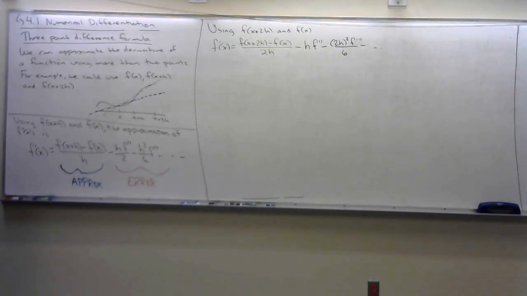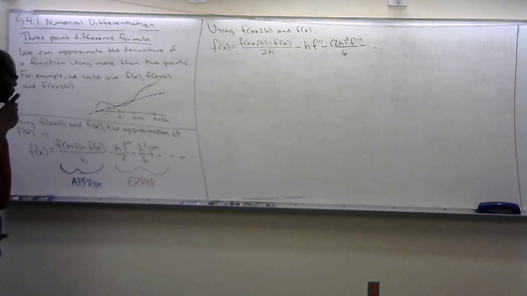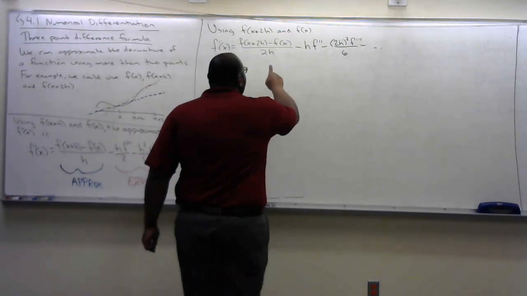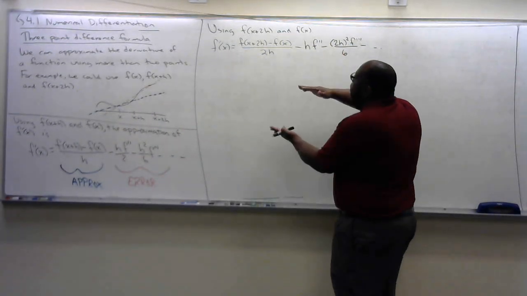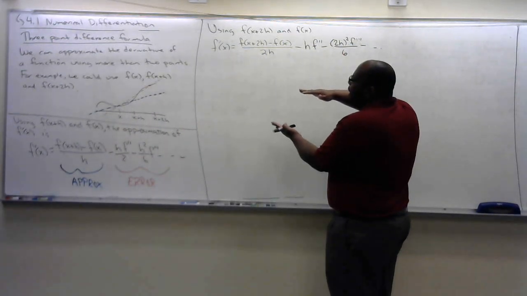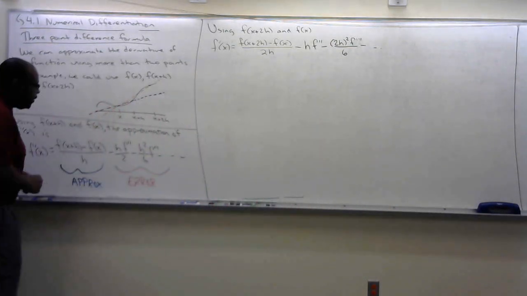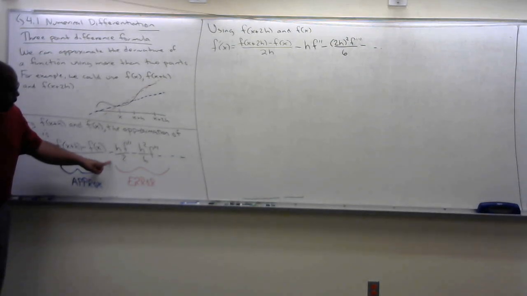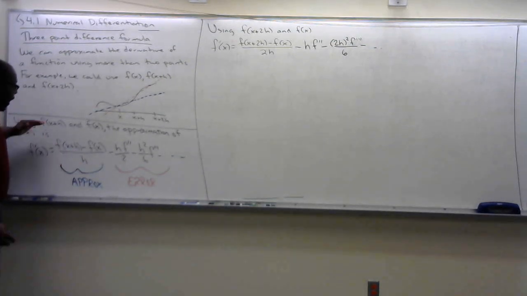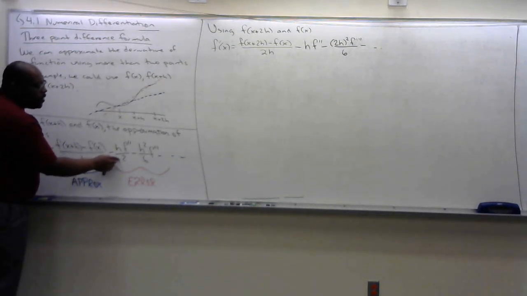And I can do that when I realize something. I see this approximation: if I were to add these two approximations together, I could do that, but I'm going to have this f double prime term here.